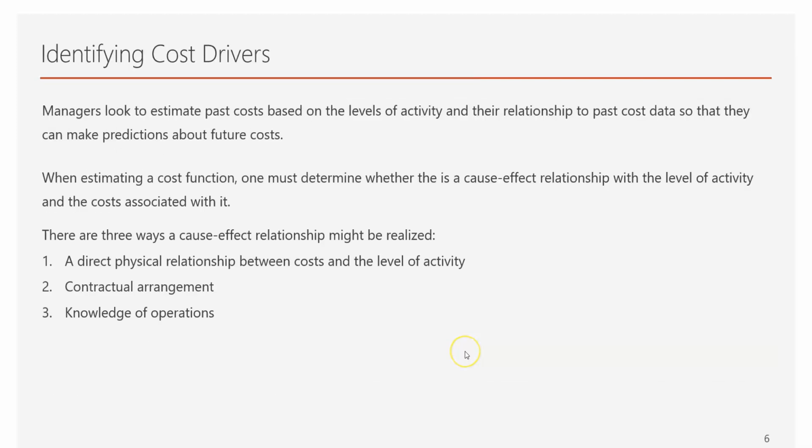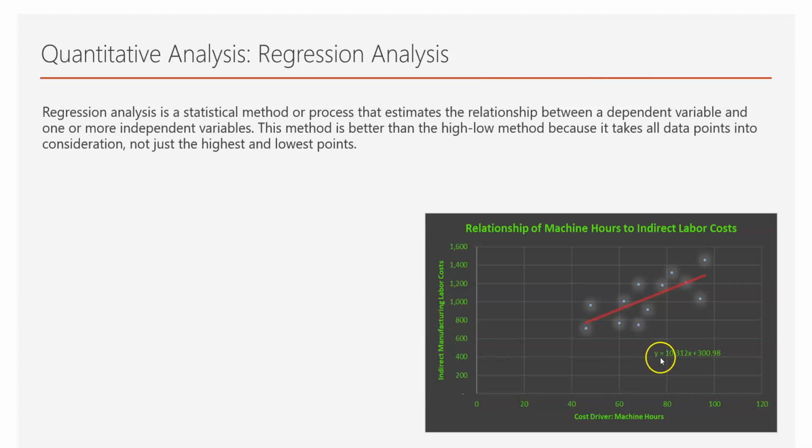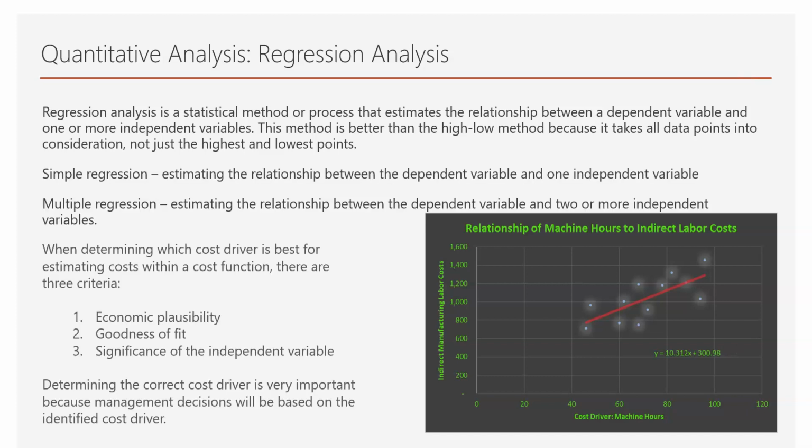So just because Excel shows it a little bit different, I don't want you to get confused on that. That cost function is the same. It's just two terms are flipped. That's all that it is.